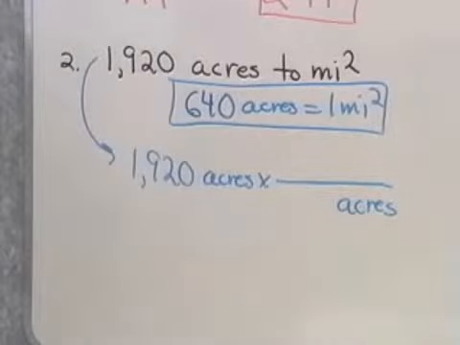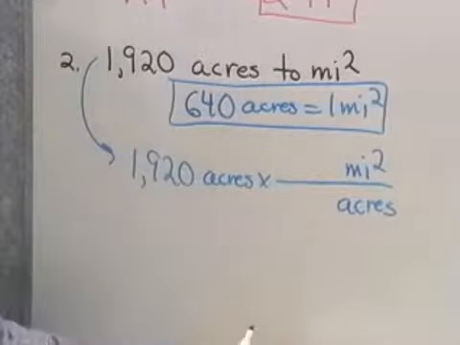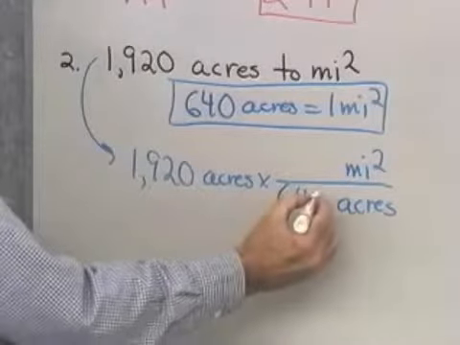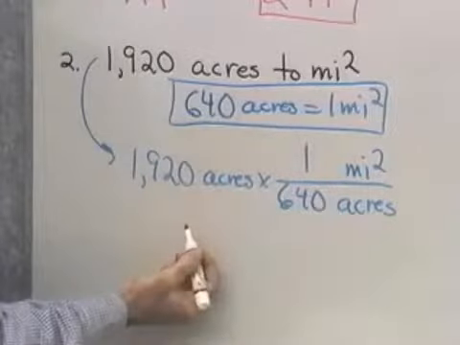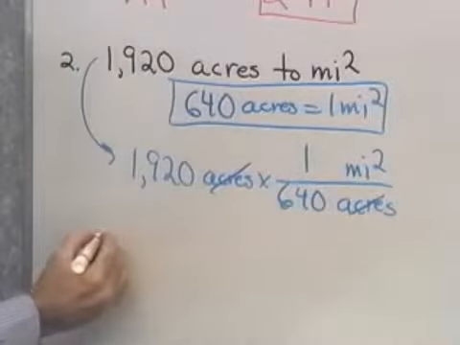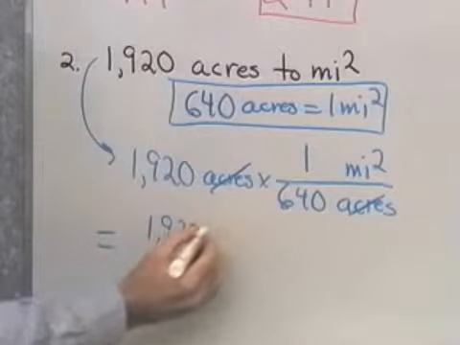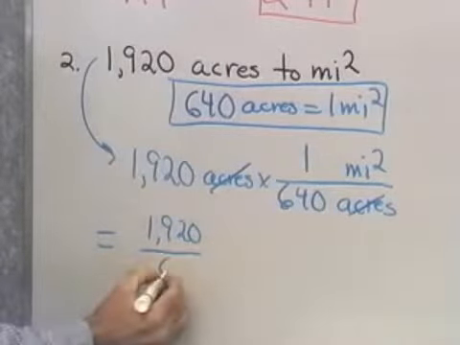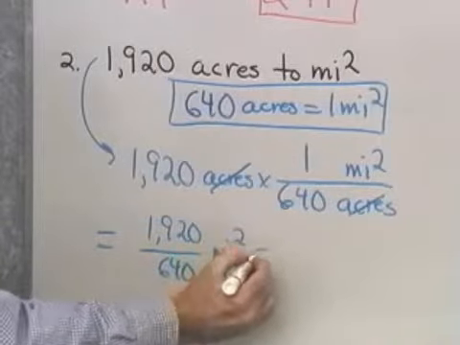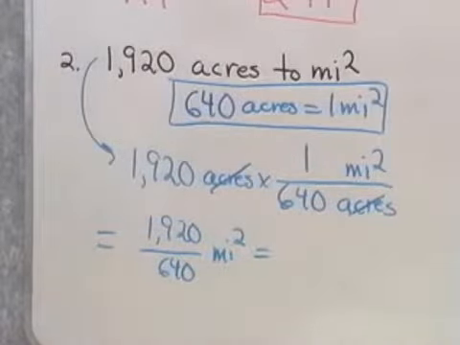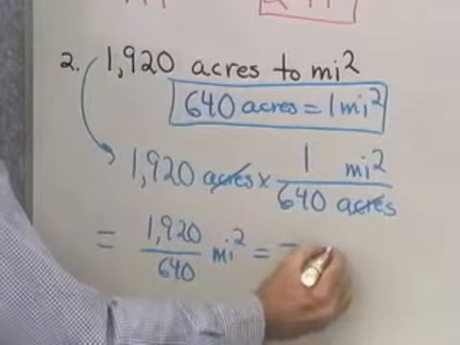So I want to divide out acres, and I want to be left with square miles. So to do that, I need the 640 in the denominator and the 1 in the numerator, because that's what this tells me. Now acres divide out, and I end up with 1,920 times 1 divided by 640, and that is square miles. Now if I do this division, I think it divides out evenly. It does. I get 3 square miles.